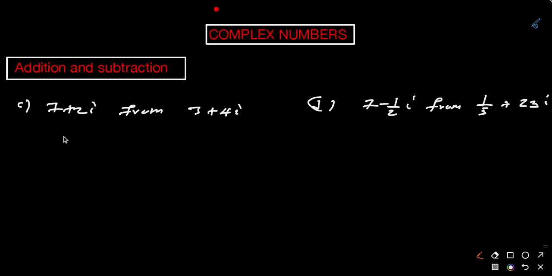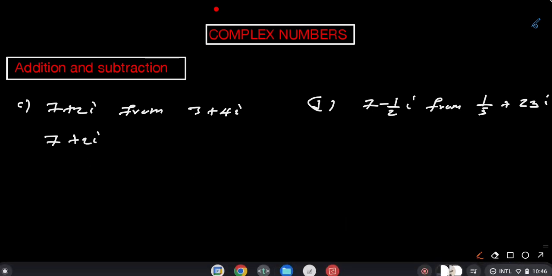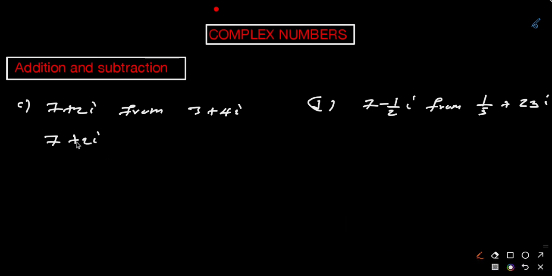So let's start with this one here. We have 7 plus 2i. From there, we're going to say minus, so here I'm supposed to introduce the brackets. The reason I wasn't including the brackets before is that it was positive, so positive won't have any effect, but for negative it is going to have an effect.